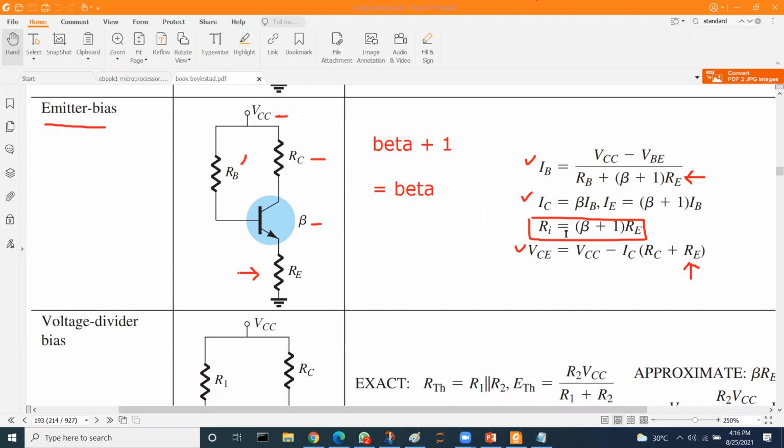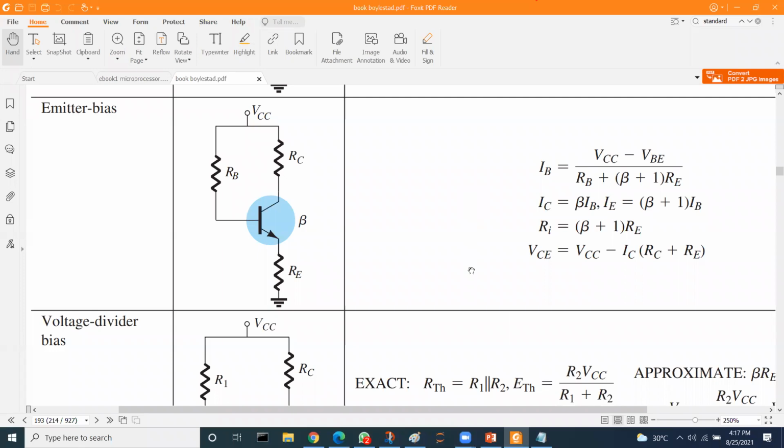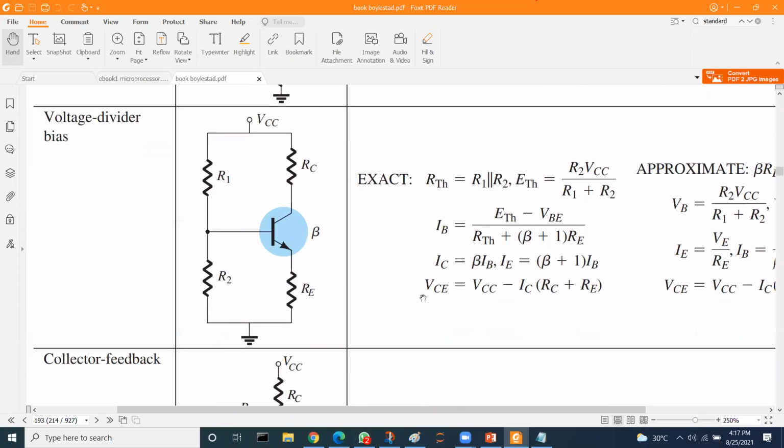So we can primarily just replace this beta plus 1 with beta as an approximation to find the nearest values of the voltage and current. So today we primarily go through some numericals about this configuration, but there are more configurations, and these are the standard circuits which are used in different applications.